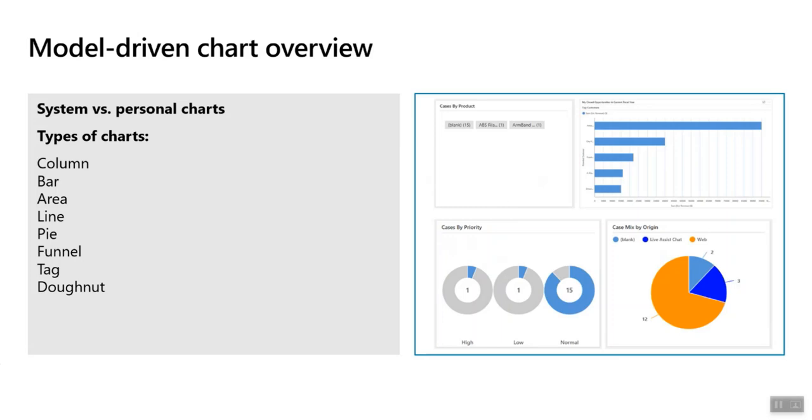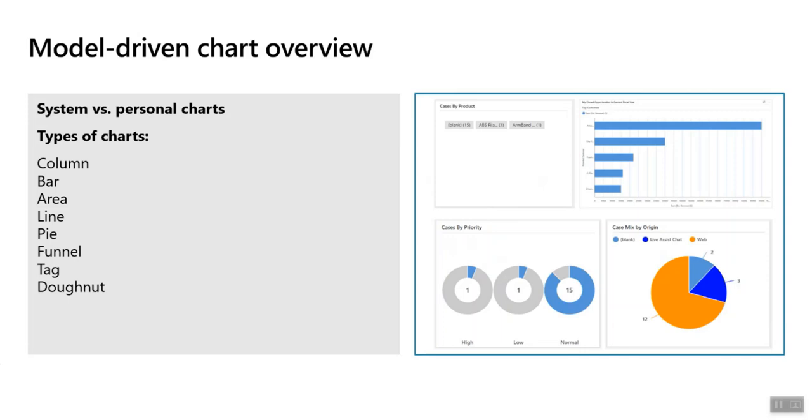As you can see, the key is the type of charts, because this is a prerequisite: you need to know what types of charts you can create within model-driven applications. There are two types of charts, as I told you, system or personal charts, and a variety of charts like bar, column, area, and line that you can create.